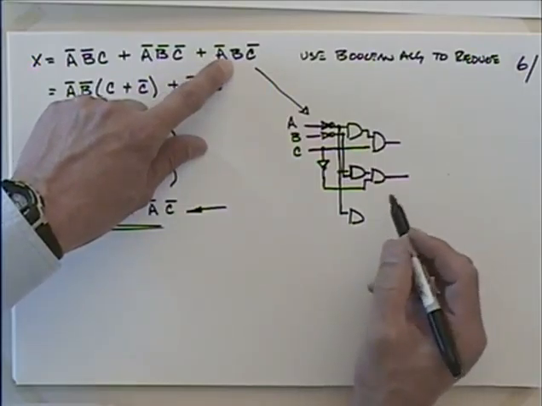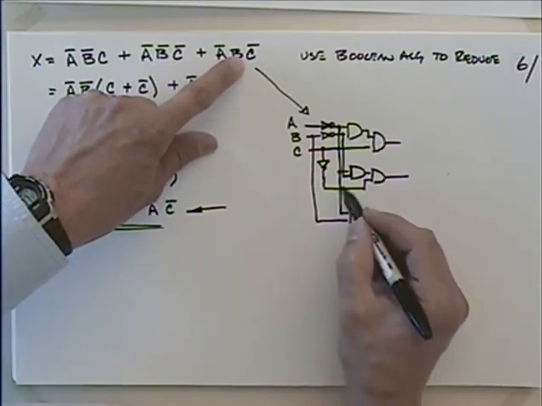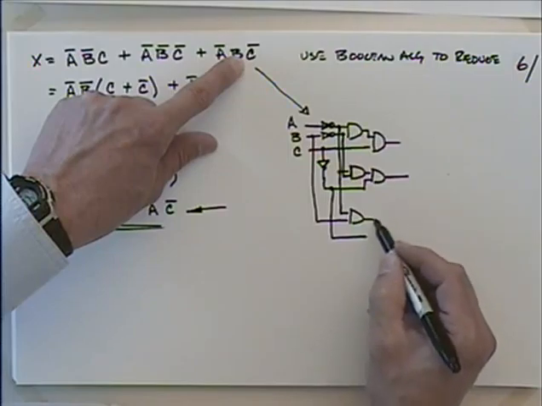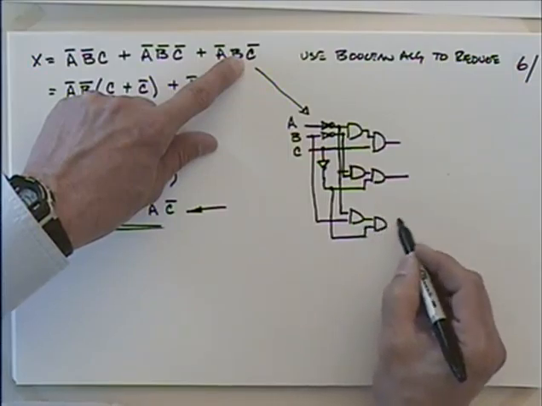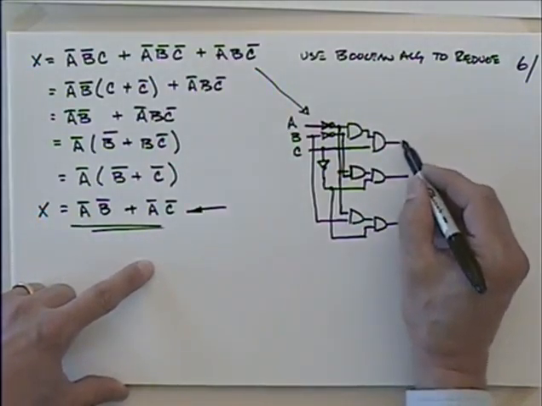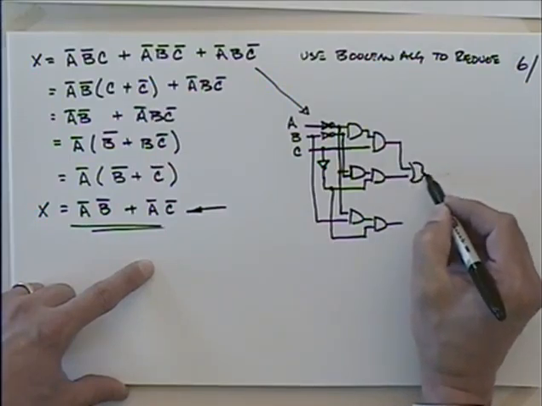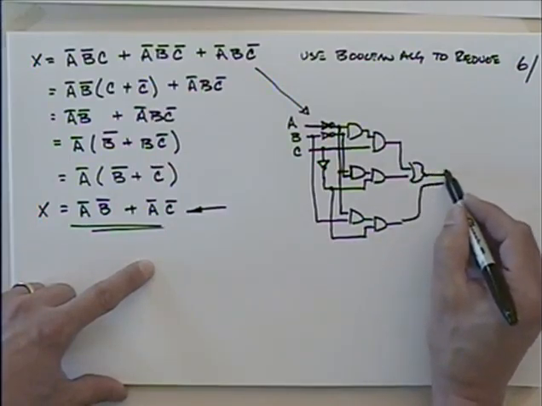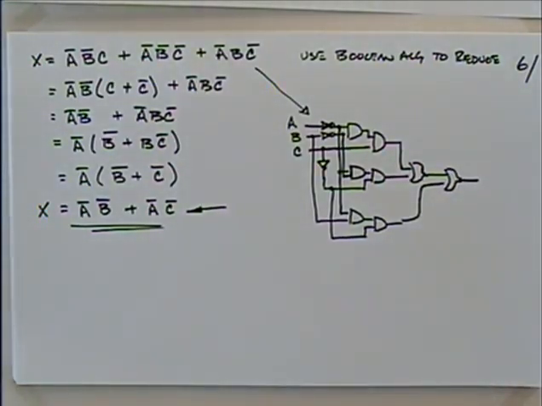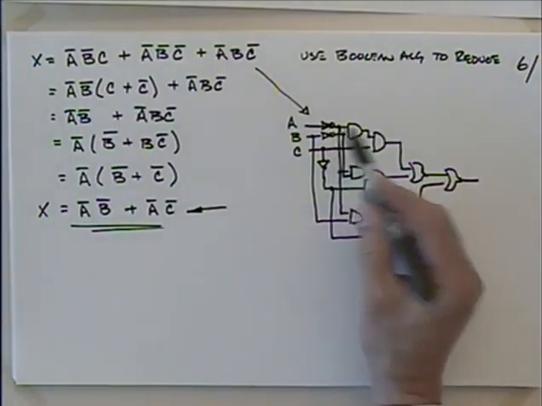And I don't want B inverted, so I'll pick that one up there. And I want C inverted, so I will take that off right there. And then I guess we'll stick with this being stuck with 2 inputs. So how many gates do I have? 1, 2, 3, 4, 5, 6, 7, 8, 9, 10, 11 gates?